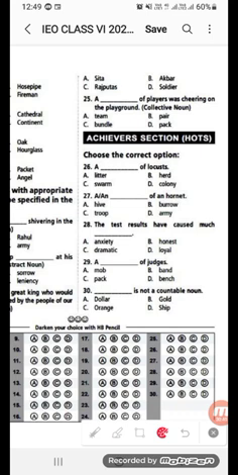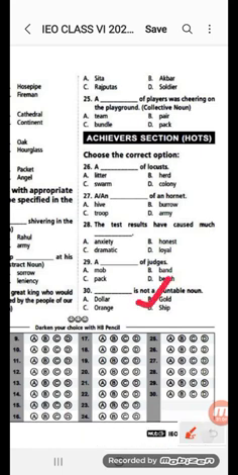Dollar, gold, orange, ship. Dollars can be counted, oranges can be counted, ships can be counted. But as gold is always in liquid form, we cannot count gold. So the correct option will be gold here.